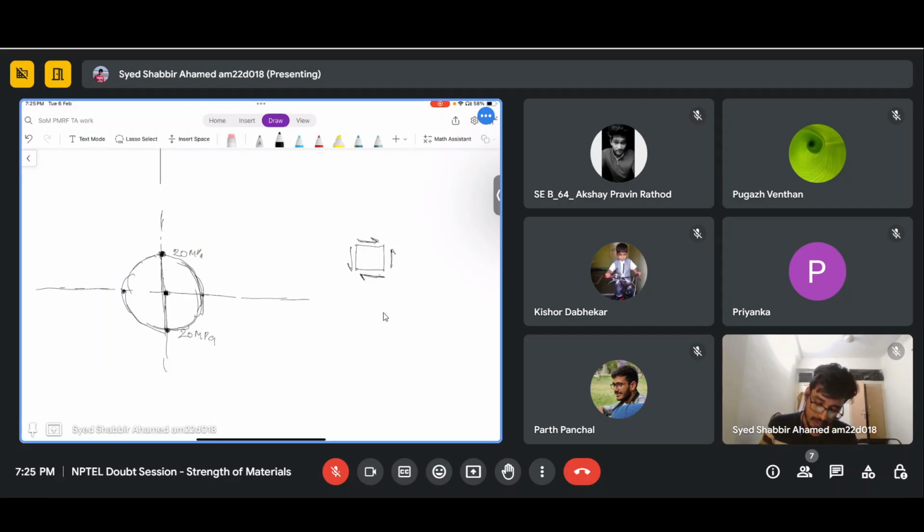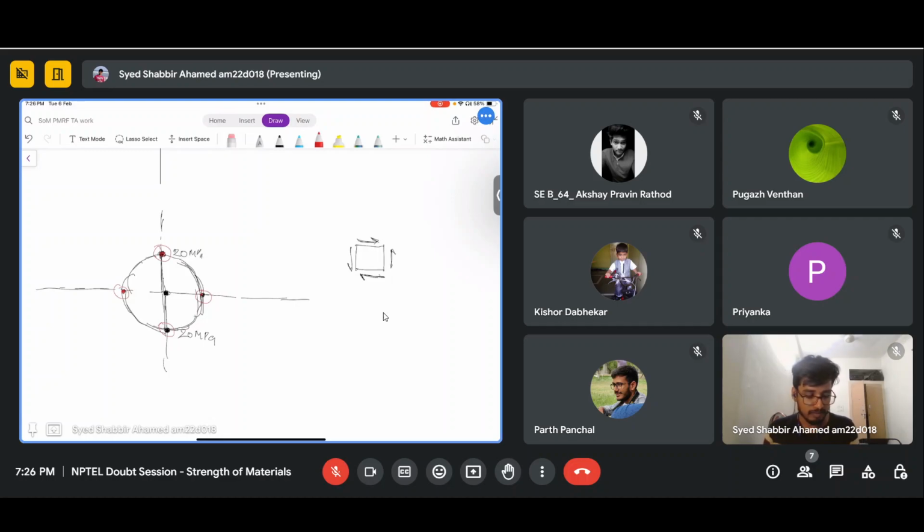So this is the plane, and these are the planes which are given in the problem. So this one and this one, 20 megapascal, 20 megapascal, and these are the principal planes. And what is the value that we have to calculate?